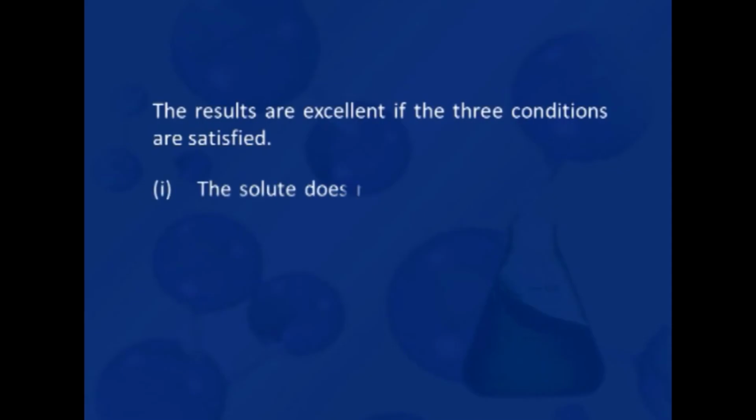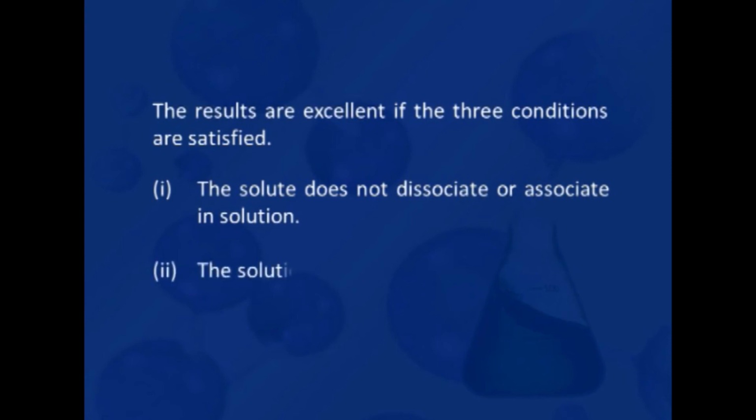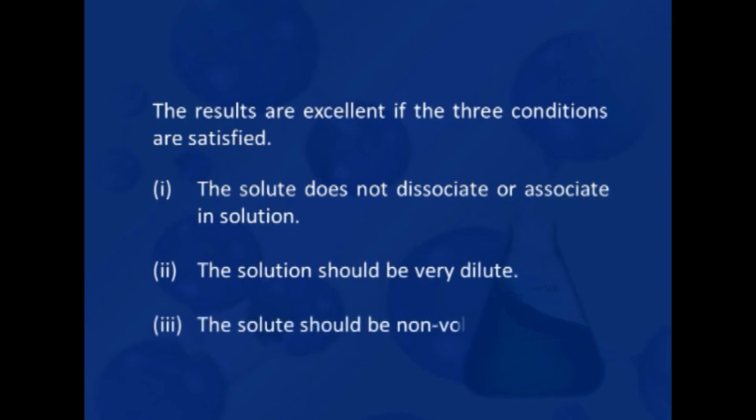The results are excellent if three conditions are satisfied. First condition is the solute must be normal, means the solute must not dissociate or associate in the solution. The second condition is the solution must be very dilute, and the third condition is the solute must be non-volatile.